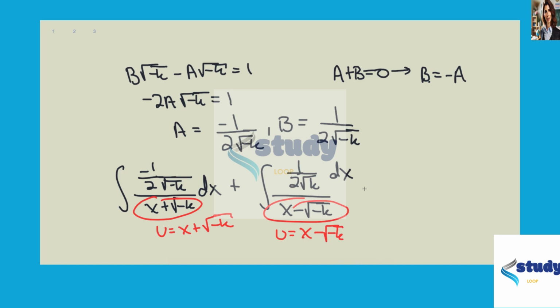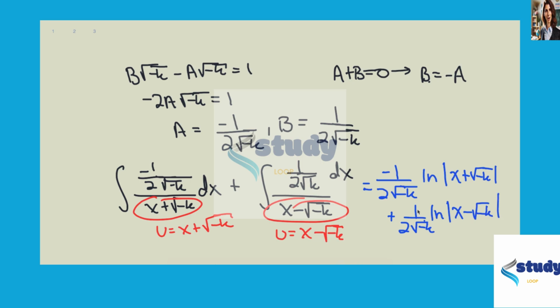In any case, when we go ahead and integrate that, we pull out that constant, so negative 1 over 2 root negative k, and then natural log absolute value x plus radical negative k. And then for the second one, 1 over 2 root negative k, natural log x minus radical negative k. And of course, the terms can be combined using the log properties. And then we have our constant c of integration. So this is our answer in case 3 when k was negative.